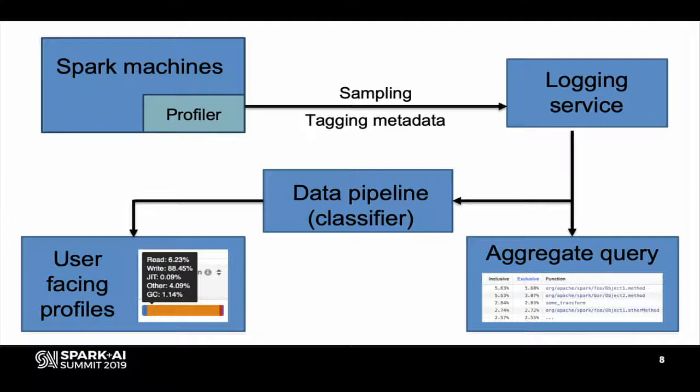So we can afford to sample pretty heavily with the scale we're at. Each profiler is profiling for some percentage of the time on the host, and we tag metadata along with the stack frame. The profiler itself is just returning stack traces, sampling them from the machine. Along with that, we capture other information, like which cluster we got this stack trace from, what we ran on the command line, which version of Java, stuff like that.